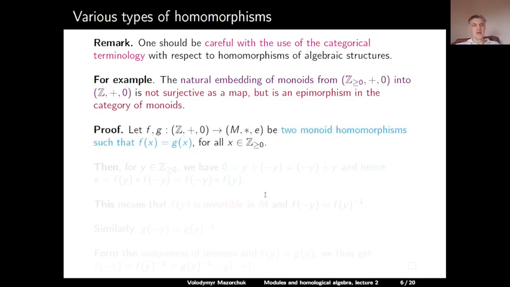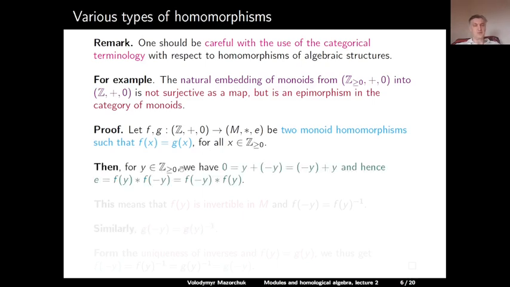Proof. Let F and G be two monoid homomorphisms from the monoid of all integers with respect to addition to some monoid (M, asterisk, E). Assume that F and G coincide on all non-negative integers. We claim that F and G are equal.